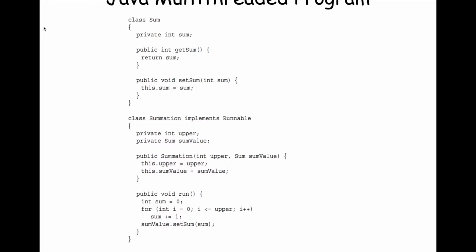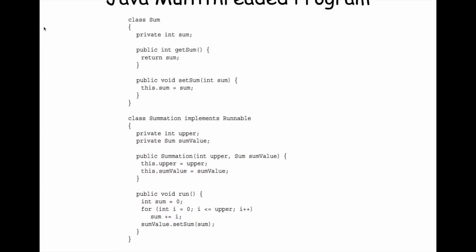And so our summation class is instantiated into an object with two pieces of information. One is the integer that tells it how many terms to sum together in the loop, and then the other is ultimately the result of that sum. So what you'll see here when we instantiate a summation class or object, we get upper in our constructor, and then we also have an instance or reference to a sum type, where sum is defined above.